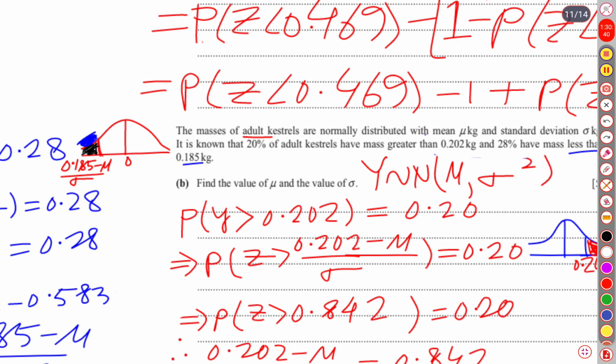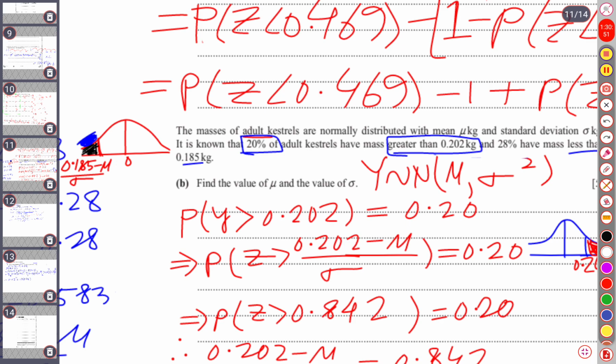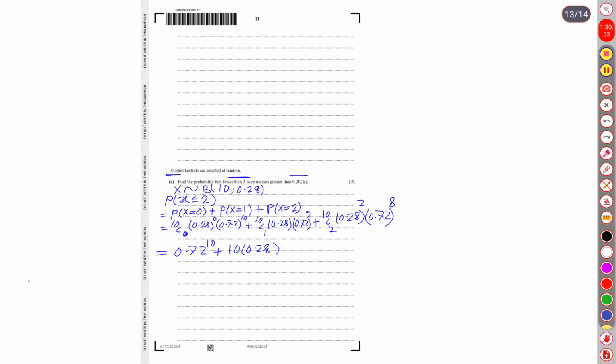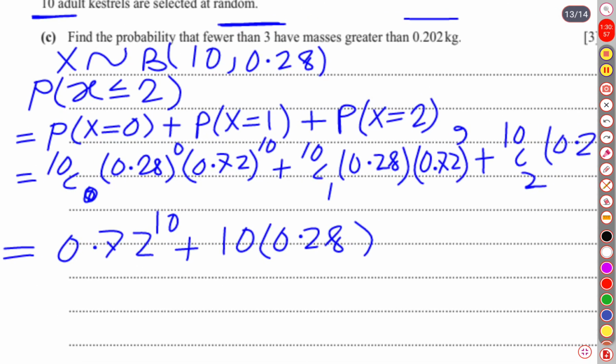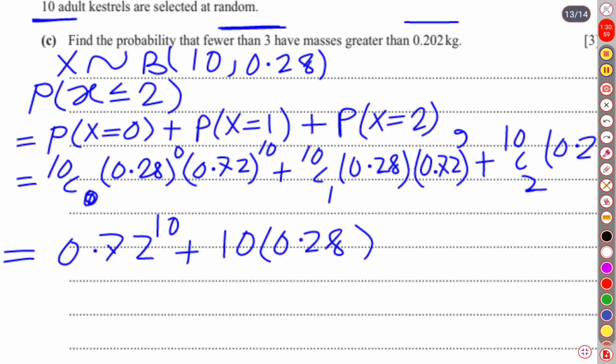It should be 20% of the adults have the mass greater than 0.2. So instead of 28 it will be 0.20. It should not be 28, it should be 0.20. Sorry, in probability we made a mistake.